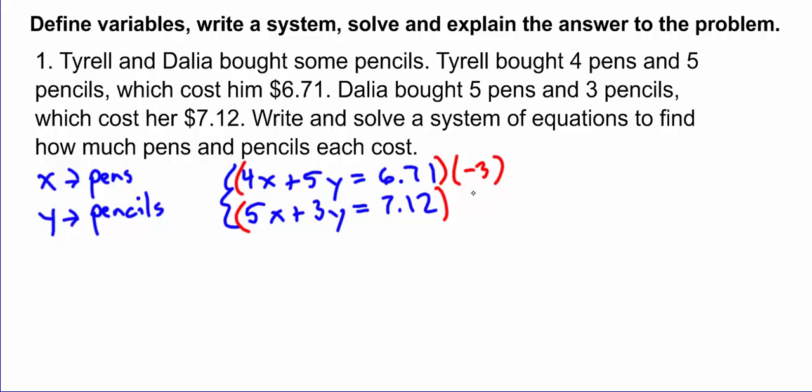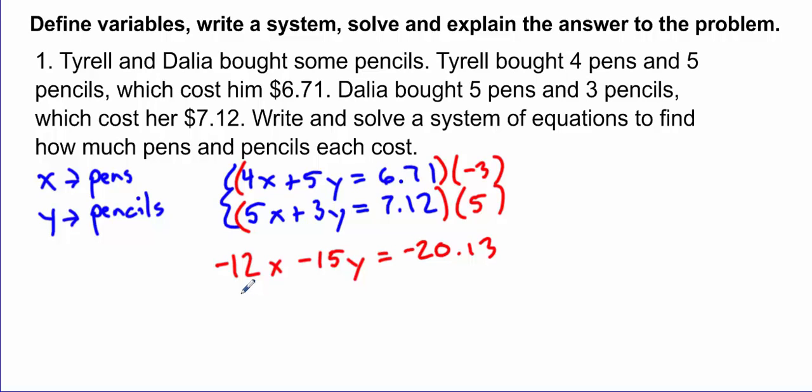And I can multiply the first equation by -3, the second by 5, and we'll rewrite these. So I'll have -12x minus 15y is equal to, and 6.71 times 3 gives us -20.13.